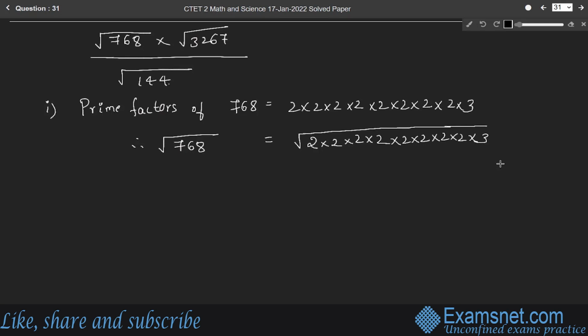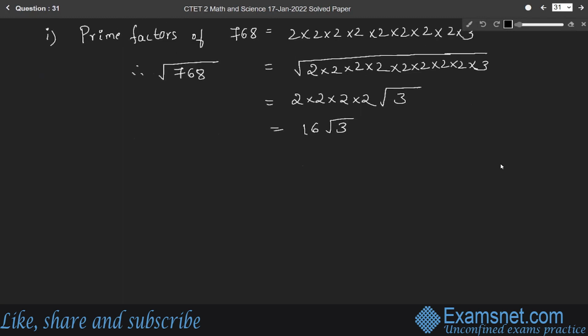Therefore, it is 2 into 2 into 2 into 2 root 3, which is equal to 2 into 2 is 4, 4 into 2 is 8, 8 into 2 is 16 root 3. So 16 root 3.